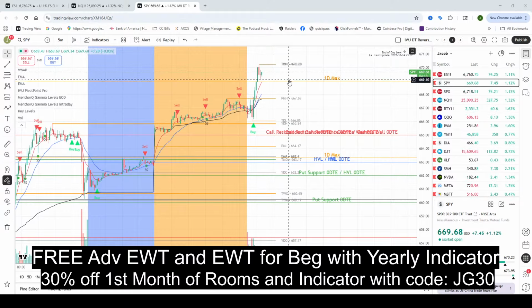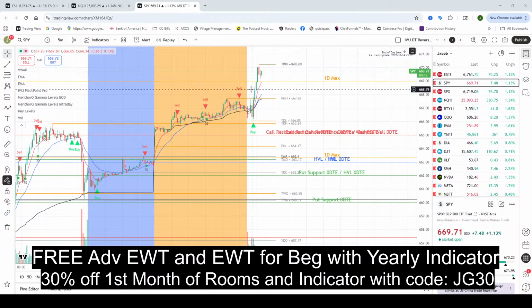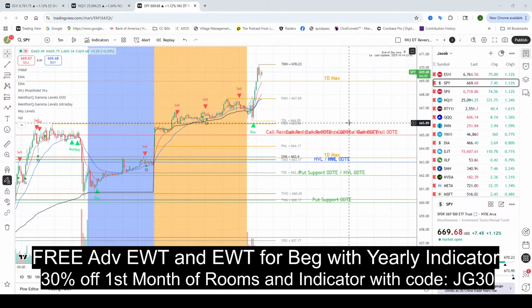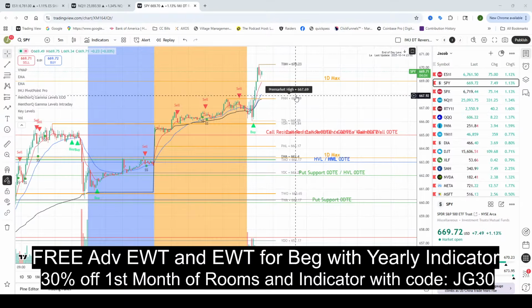On days of extreme pressure, though, we can see, obviously, the analogy I gave of the hurricane, them push through these levels. But we'll give them one shot to reverse it and bring it back down to test the 21. That's all the way down at 667.94. It's about 2 points down from here, which would be a winning trade. And if they give us a put, they still have to give us a put.